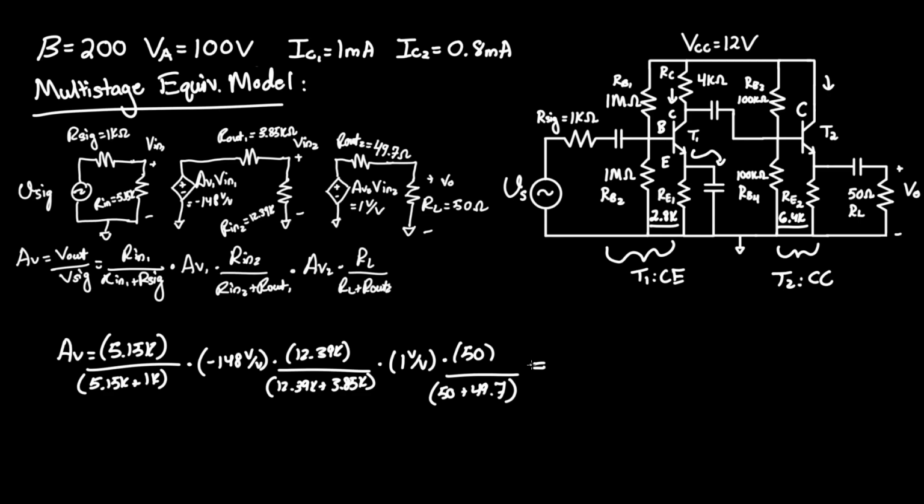Putting this in the calculator, you get your final answer of negative 47.4 volts per volt.